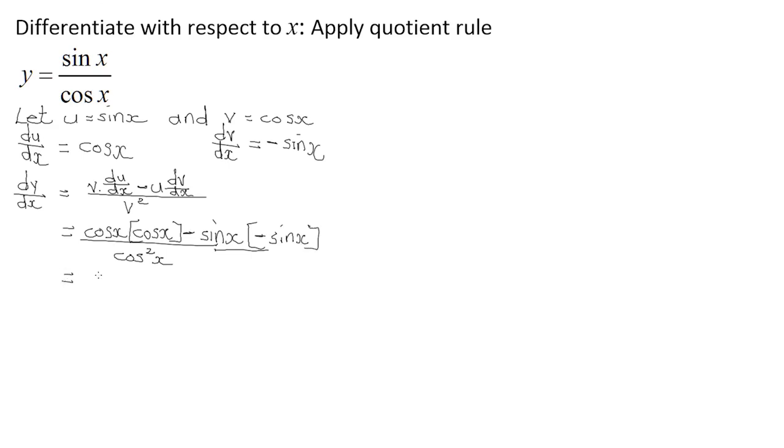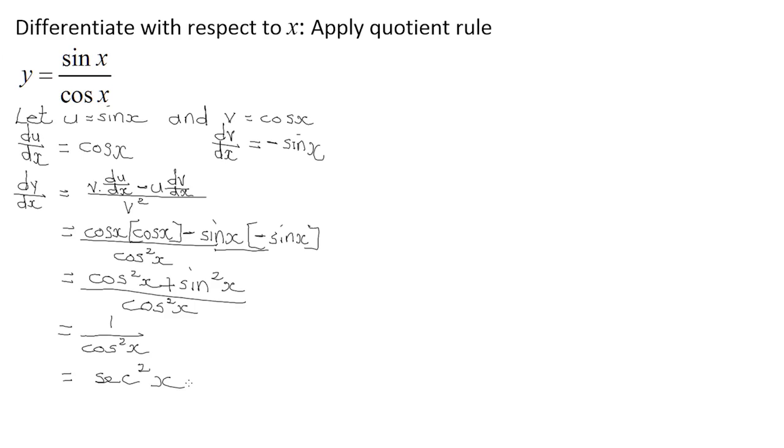Then this gives me cos squared x. Very important, a minus times a minus gives you a plus sin squared x over cos squared x. According to my formula sheet, sin squared plus cos squared is equal to 1 over cos squared x. And this is equal to the reciprocal of sec squared x.